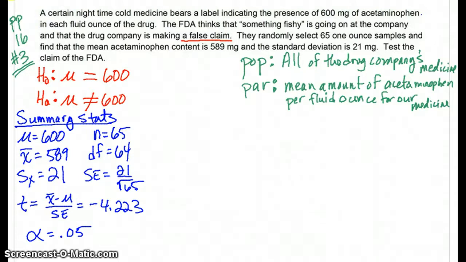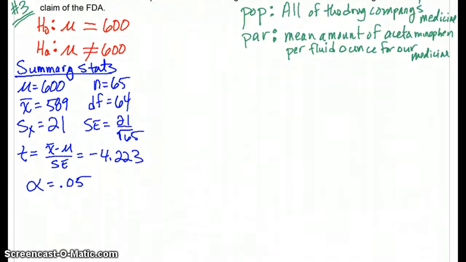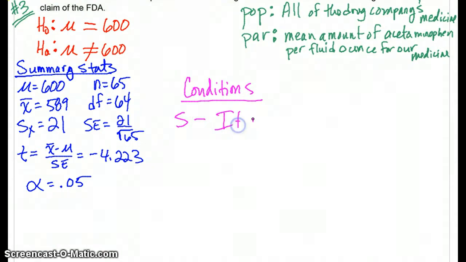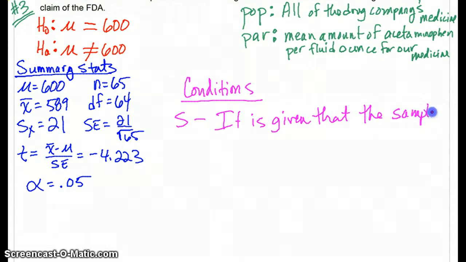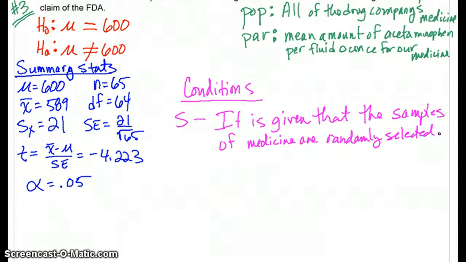Once we have this set up, I'm hoping we realize the next step is conditions. For our conditions, we look at randomness, and it is given that the samples of medicine are randomly selected.